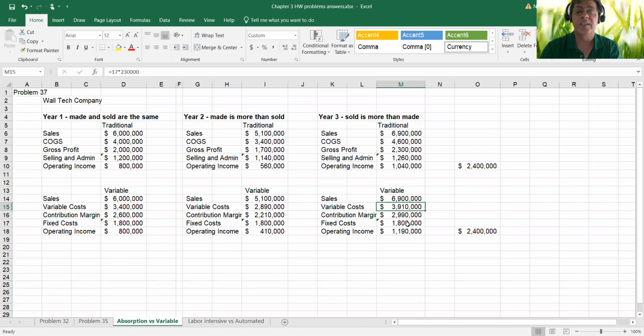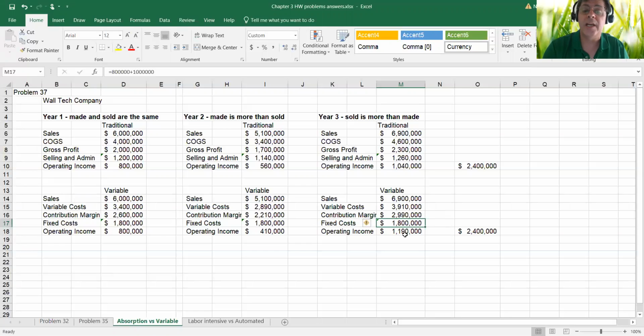Contribution margin, again, the fixed costs are not based on the extra that you made or sold. They're just the same as they were every other time. Fixed costs are fixed. So it wouldn't matter what we sold, especially since we made the same each year.